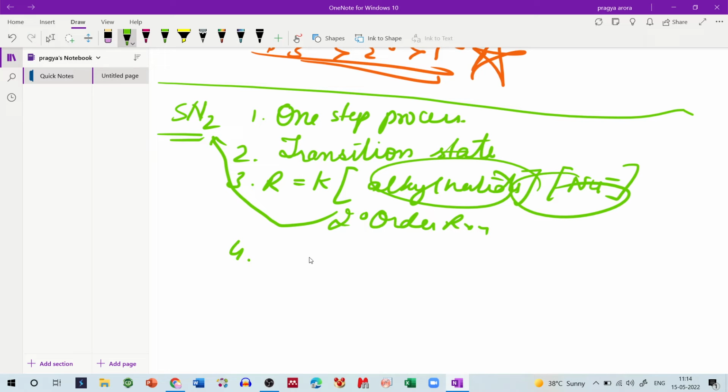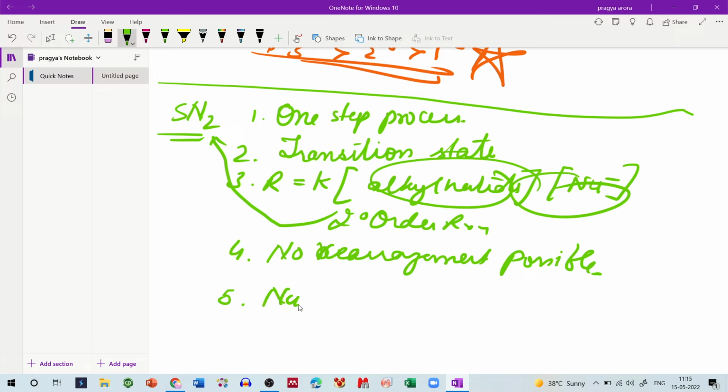Now, stability of the carbocation: there is no formation of a carbocation, and since it's a one-step process, no rearrangement is possible. The nucleophile attacks from the back or opposite side of the leaving group.